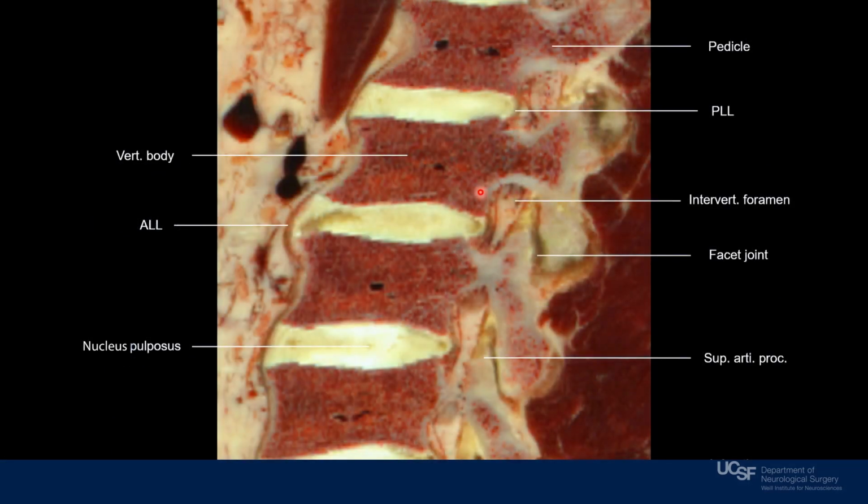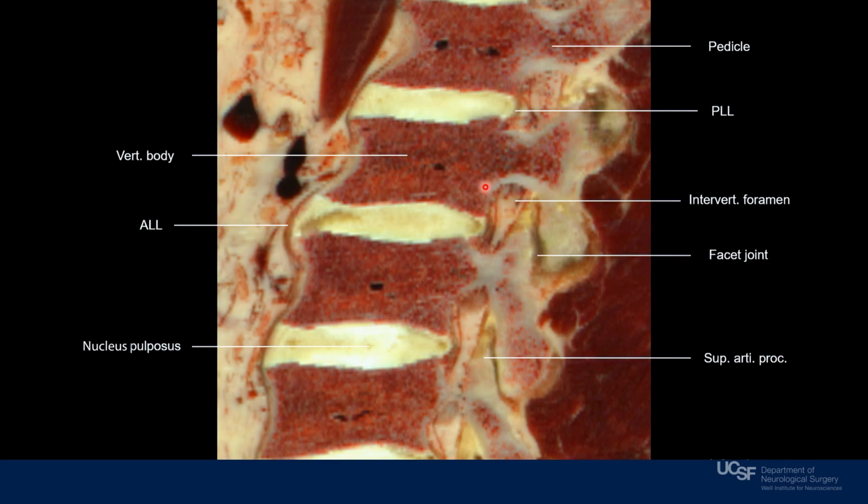Now this is a lateral view again of the lumbar region, and this gives us a very nice perspective of different joints, what we call the three joint complex. Again, a facet joint and an interbody joint forming what resembles a tripod.